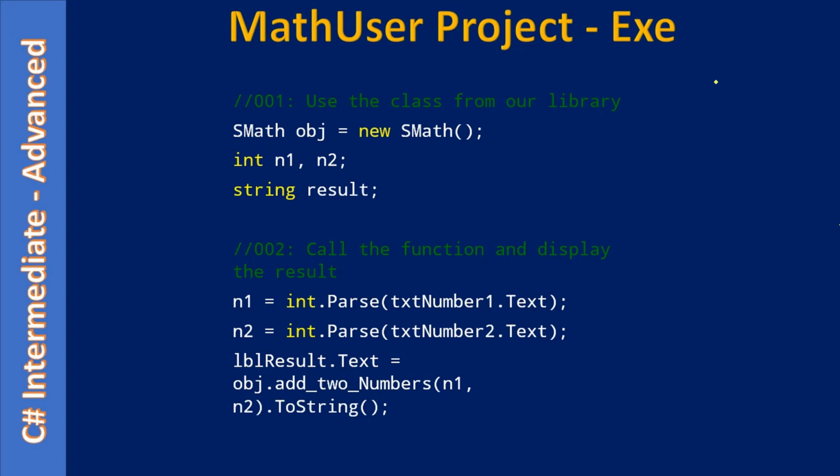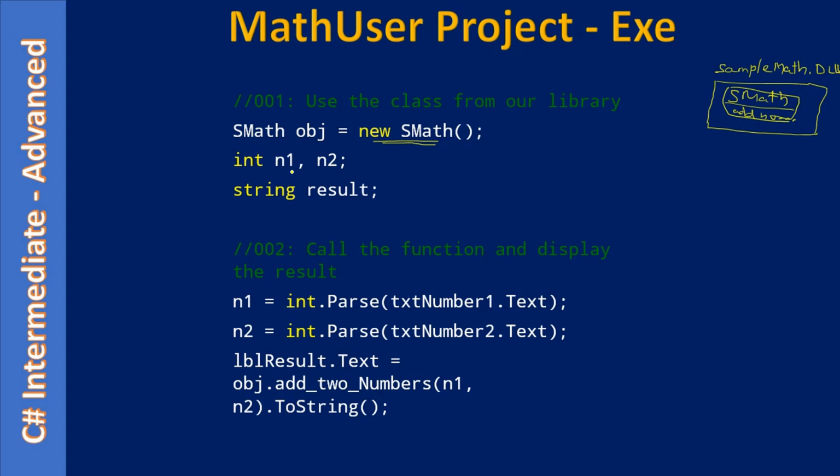Before that, this is our DLL project, and it contains a class called SMath, and this SMath has the add numbers function, right? So that's why here, we are creating an SMath instance. When we go to the demo, we will see how to use references and other stuff. So for now, we are just looking at the source code explanation.